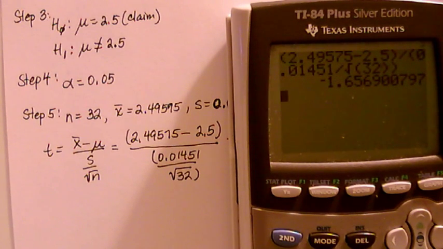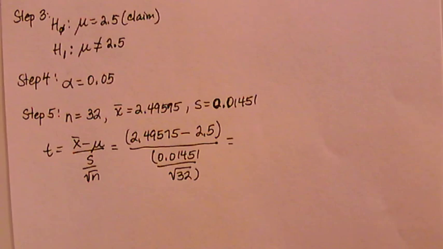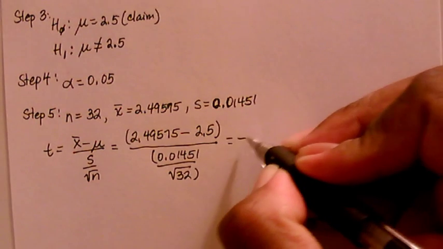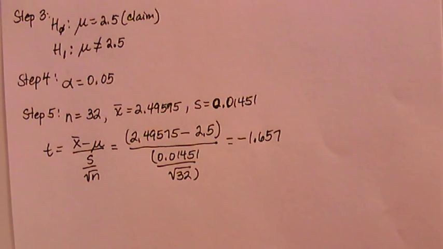This will give you, to 3 decimal places, negative 1.657. So your test statistic here is negative 1.657.